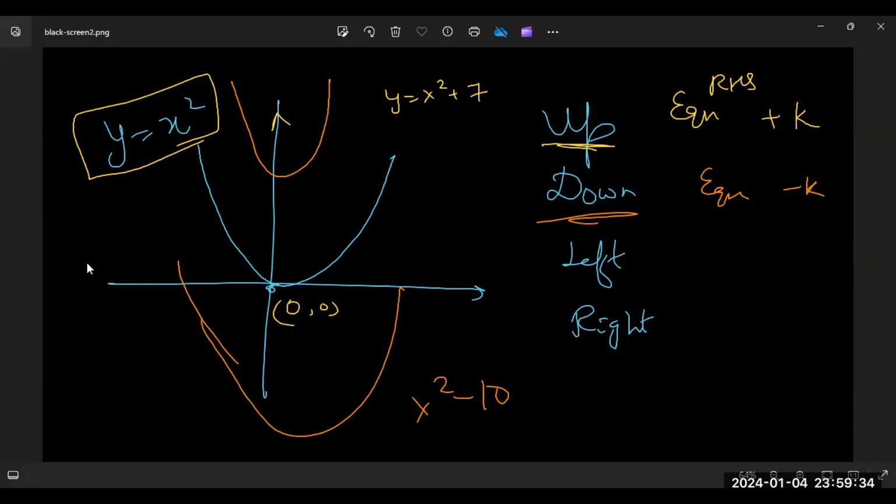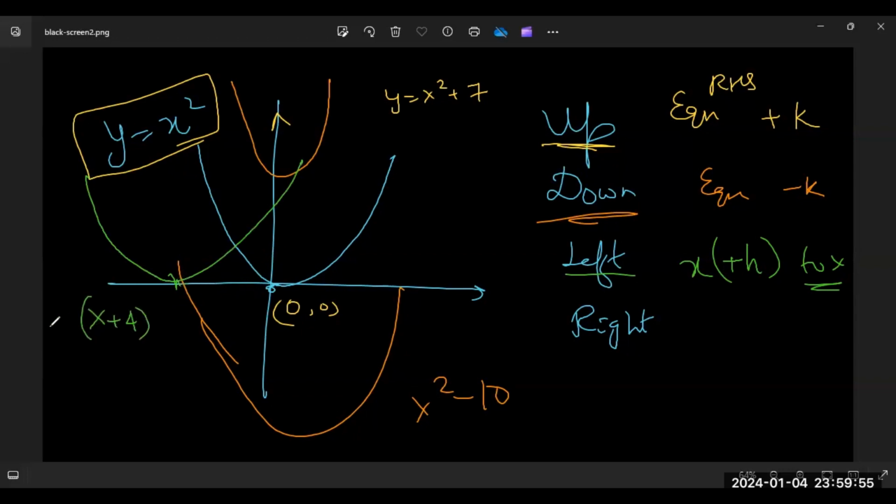Then if I want to move the parabola to the left, I must add a constant to the x, to x only. So if I want to move it to the left like this, and I'm shifting by 4 units, let's say, then I have to add 4 units to x.